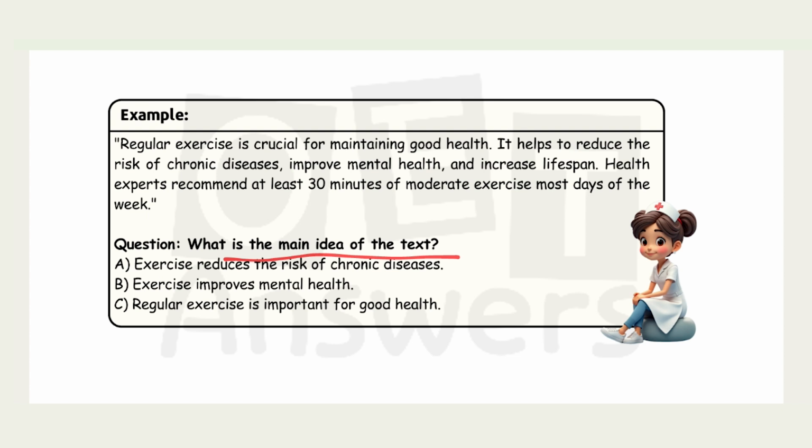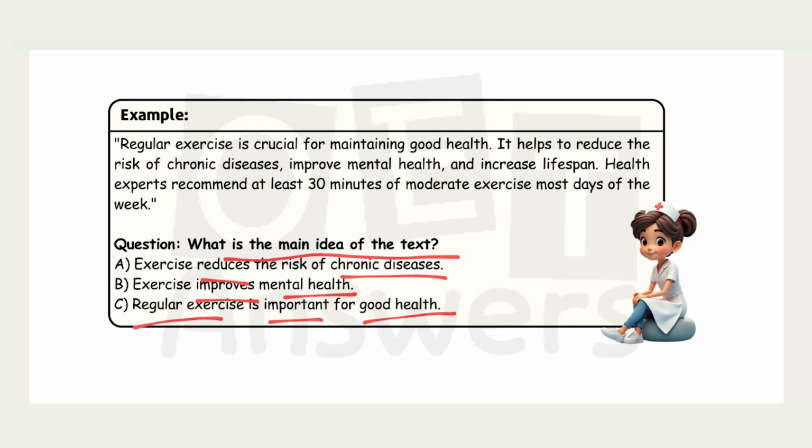So in the paragraph, we have to find the main idea. After understanding the question, you have to read the answer options. The first one is exercise reduces the risk of chronic diseases. Exercise improves mental health. Regular exercise is important for good health.